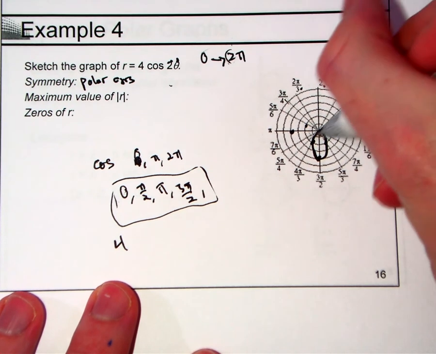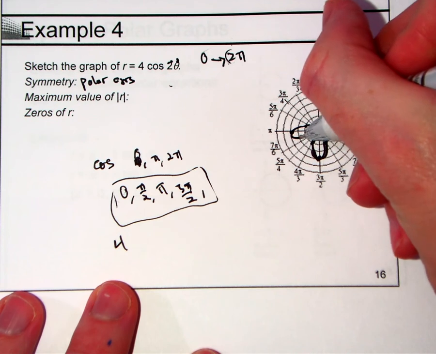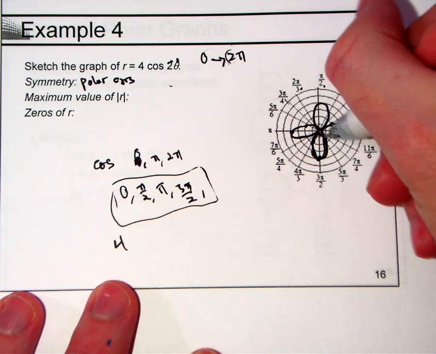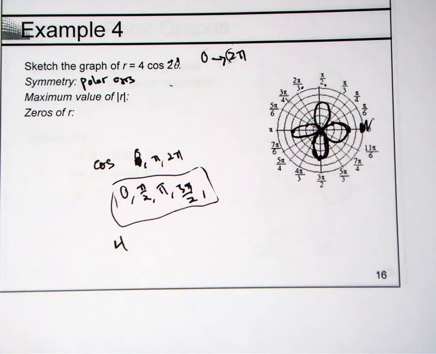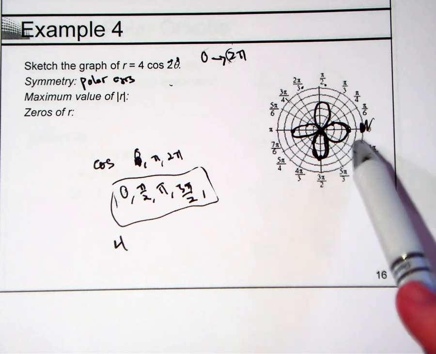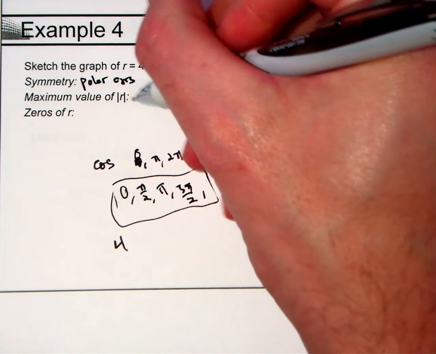So we've started here, we've come around, we've looped here, we're going to loop, and we're going to come up and loop here, and back down. Alright, that's why it's pretty key for these rose petal ones. It's key to know the maximum values and 0.